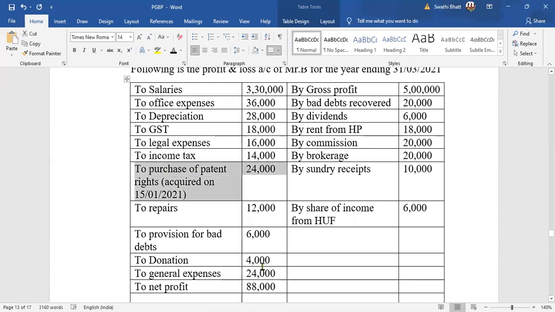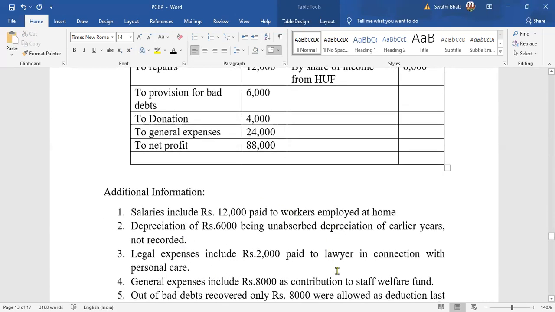And the next one, you have purchased a capital asset. The capital asset that you have purchased is a patent, an intangible asset. There has been a capital expenditure, and this capital expenditure is related to the purchase of patent. But nothing is mentioned about the depreciation of this patent.